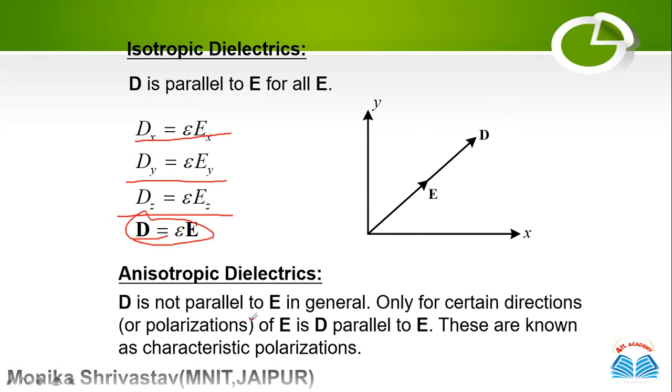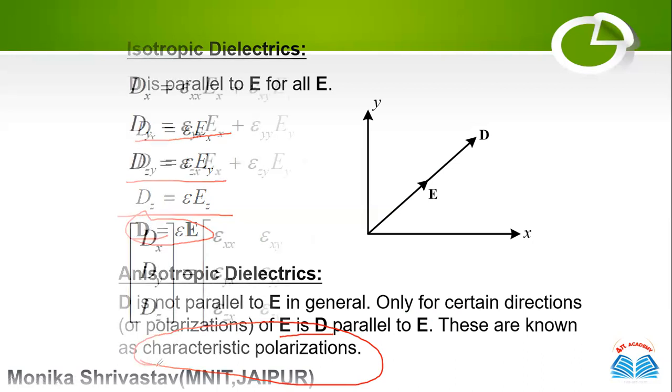But in anisotropic dielectrics, as D and E are not parallel, only for certain directions will E and D be parallel. These cases will also be given in your question, and those specific polarizations are known as characteristic polarizations. They only happen in anisotropic dielectrics.